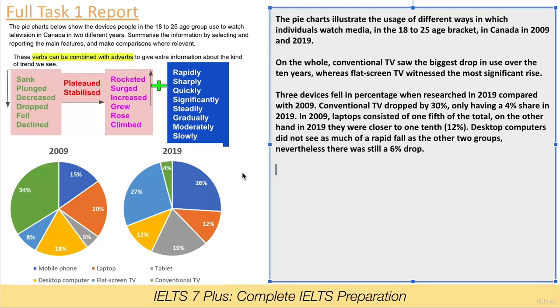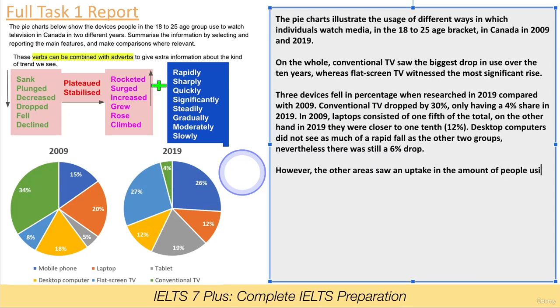So, okay, let's go to the next group. And we're going to compare, however, the other areas saw an uptake in the amount of people watching TV this way.